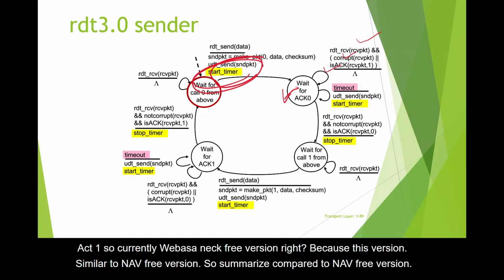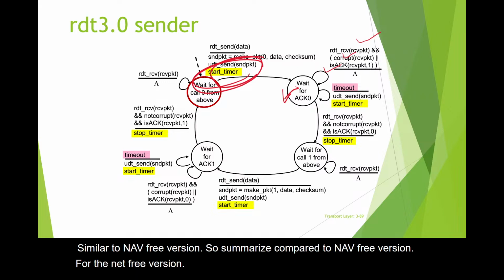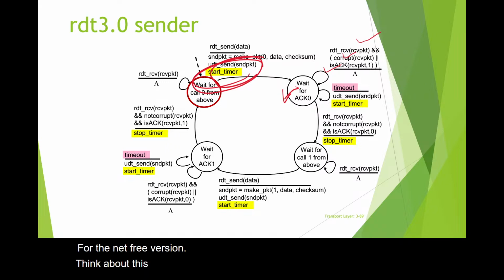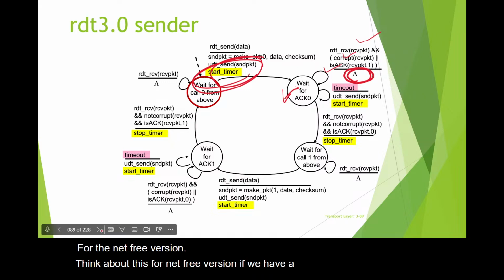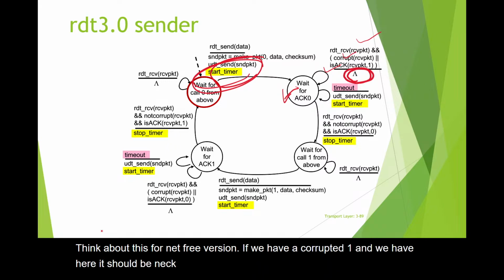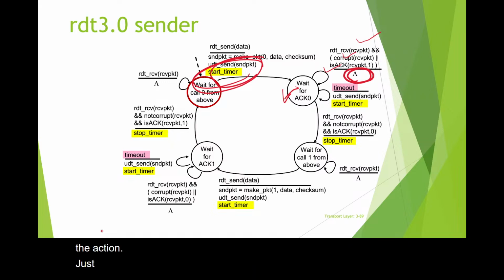For the NAK-free version, think about this. If we have a corrupted packet, it should be a NAK, and then what to do? For that version, we should just retransmit, right? But why does the current version do nothing?